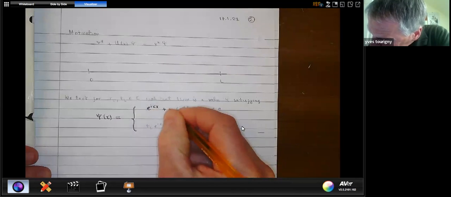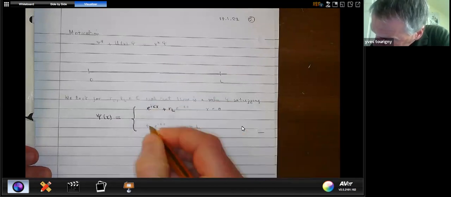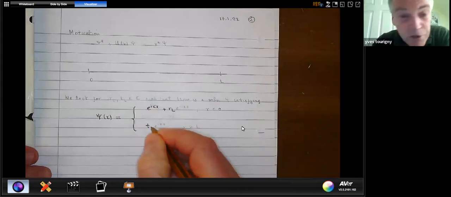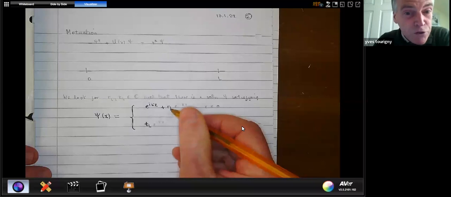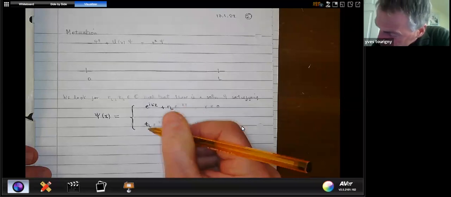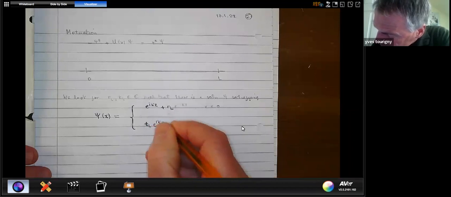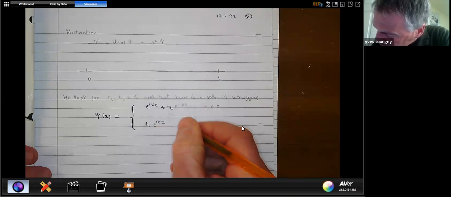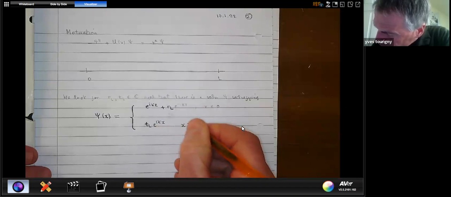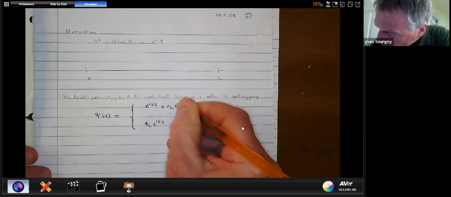What we're looking for is actually numbers which I denoted by RL and TL, RL for reflection, TL for transmission.